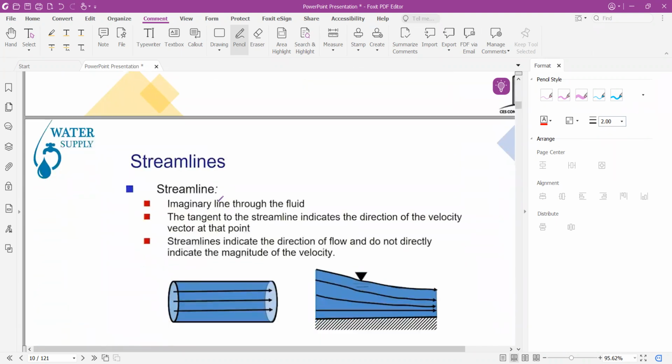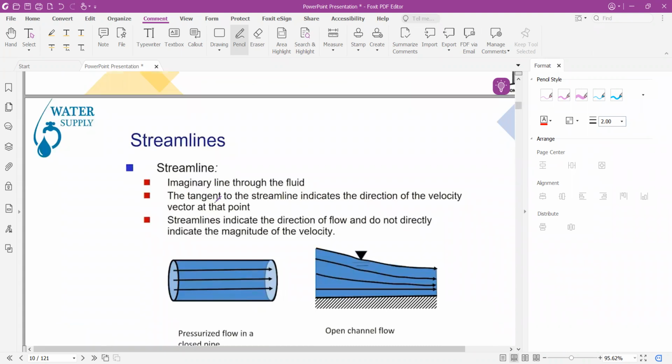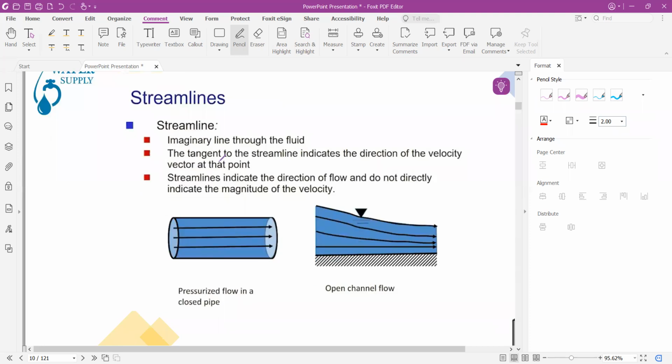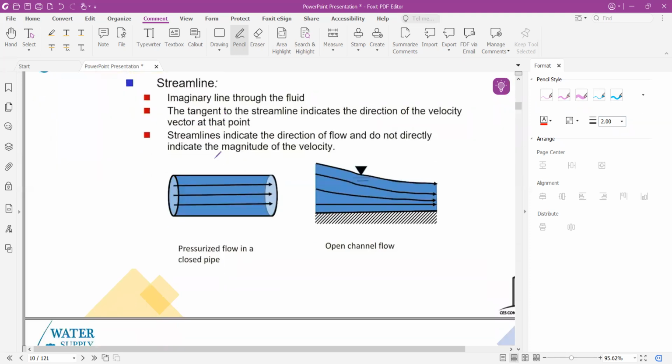Okay, basically, when we study any system, we try to simplify the system in order to analyze it easily. Similarly, in the case of fluid, when we analyze water flowing in a pipe or channel, we imagine that the fluid flows through the pipe in streamlines, lines that indicate the direction of velocity at that point, when you draw the tangent at any point.